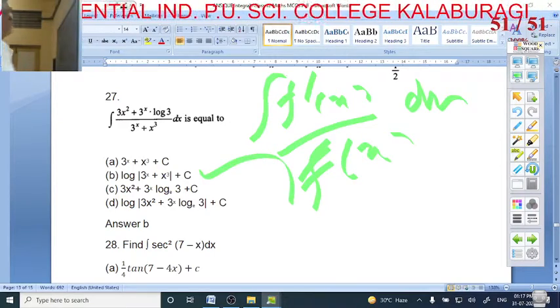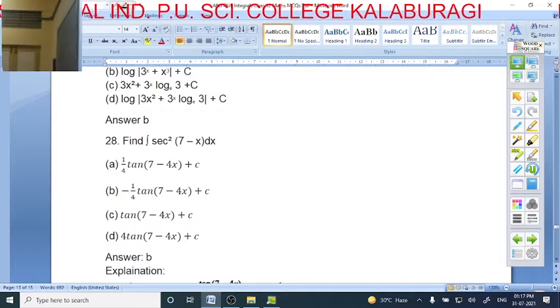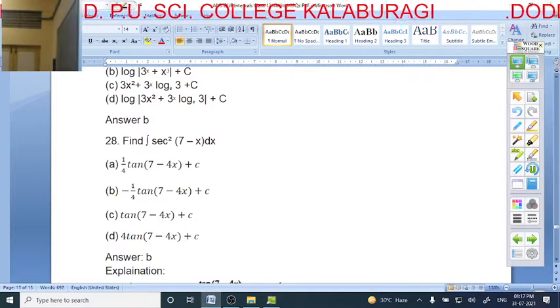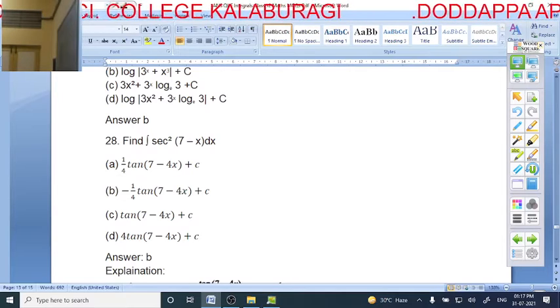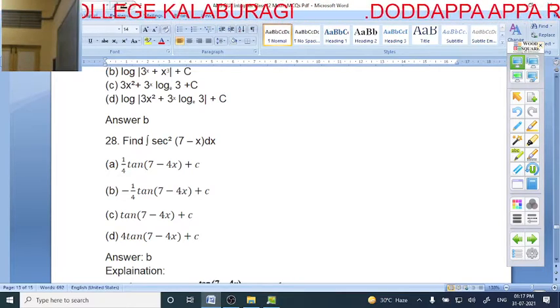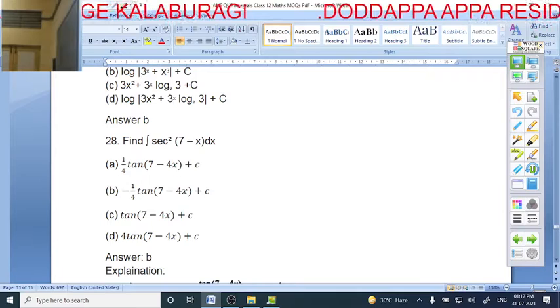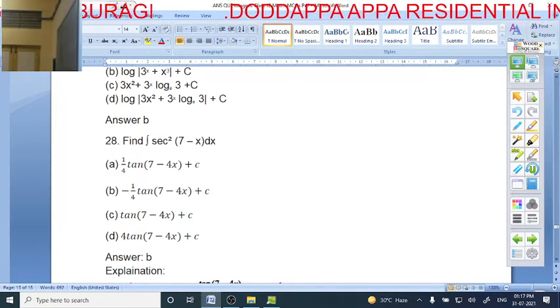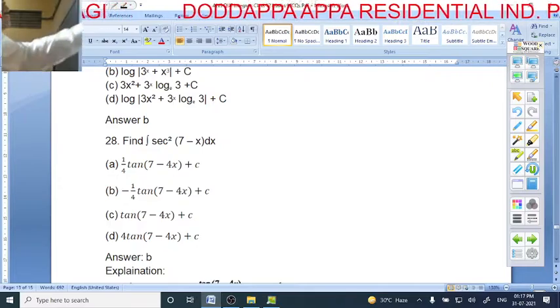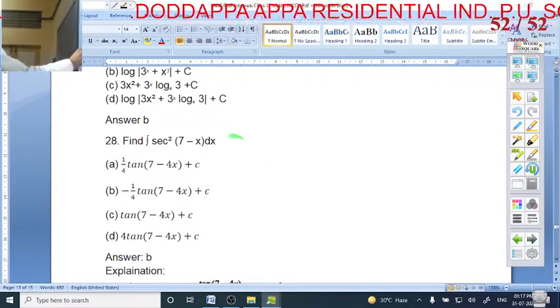Okay. Now question number 28. In case of 28, x square 7 minus x is there. Integration of x square is tan 7 minus x divided by minus 1. Sorry, maybe the question is not this minus. The answer of this one is like this printed maybe.